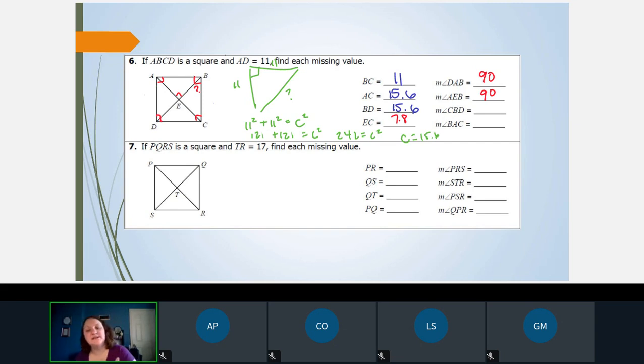So if I bisect a 90-degree angle, each piece will be 45, half a 90. And BAC, same idea. BAC would be this angle over here. I'm going to bisect that 90-degree angle, or cut it in half. So that's going to be 45 also. Of course, they're all in degrees. And on an assessment, I'm never going to ask you to type the degree symbol. It'll already be there for you.